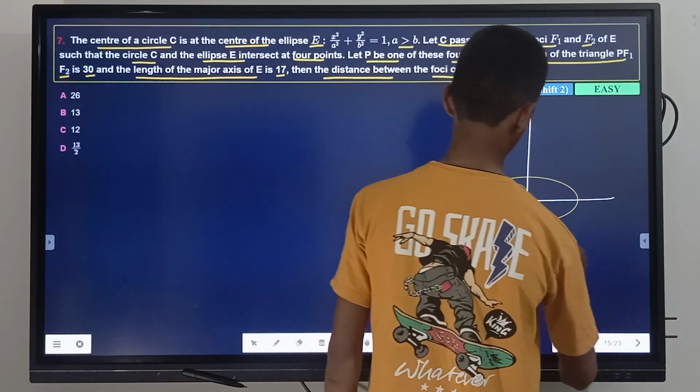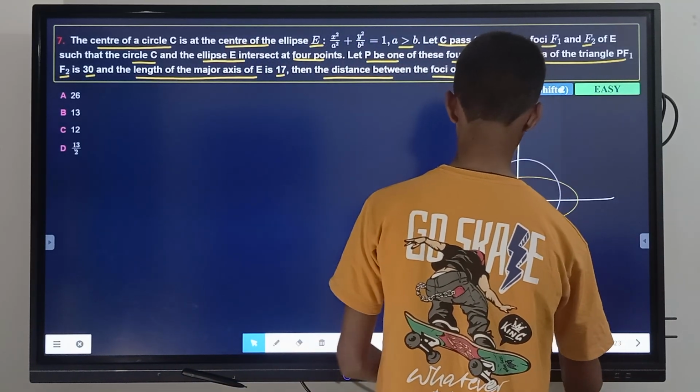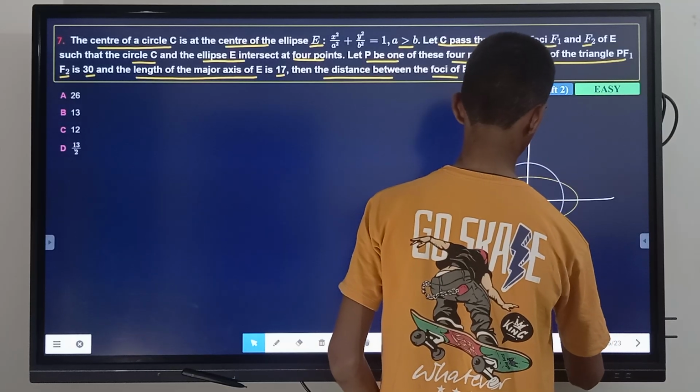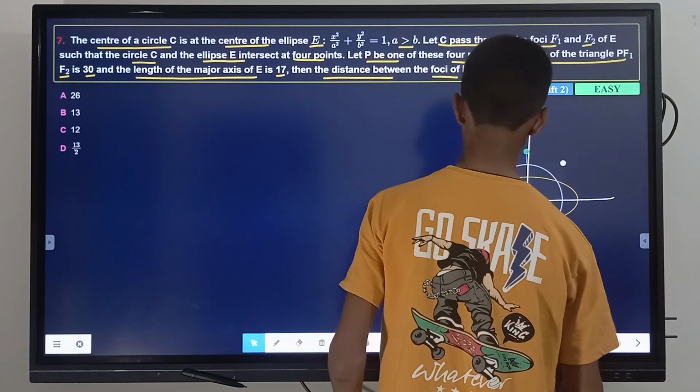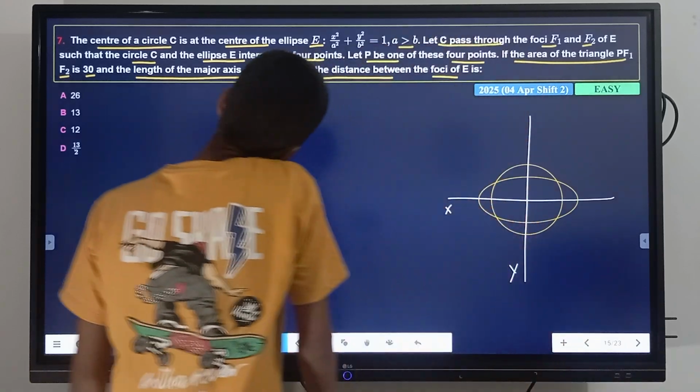Let's draw a circle. So here is our circle. This is the y-axis. This is the x-axis.